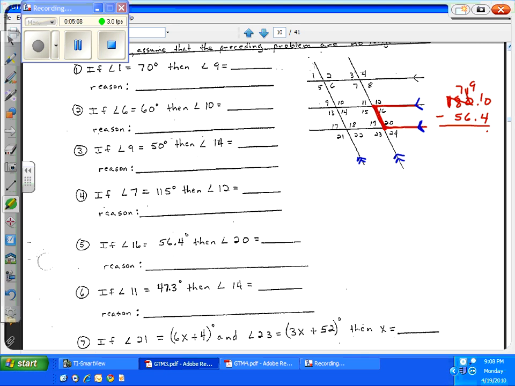And that's a 10 minus 4 is 6, and 9 minus 6 is 3, and 7 minus 5 is 2, and then there's a 1. And so angle 20 would be 123.6 degrees. Reason, same side interior angles are supplementary. Same side interior angles are supplementary. Any questions on that? Okay.